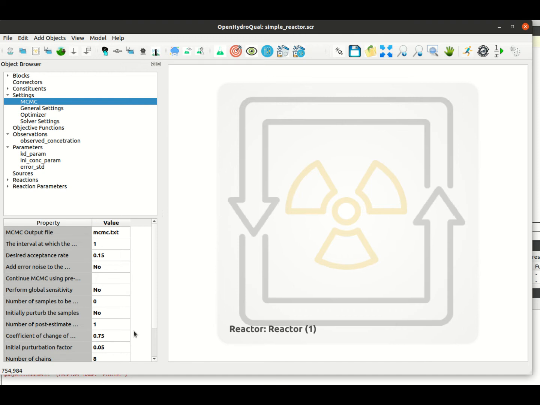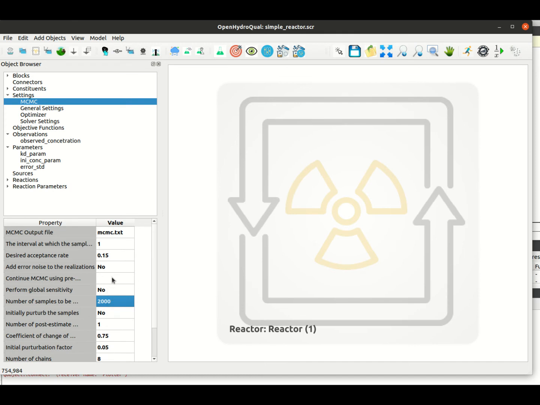But the initial parameters are always off. People who are familiar with the Markov Chain Monte Carlo know that we have to discard a number of samples at the beginning because they are not really reliable. So I'm going to change the number of samples to be discarded to, let's say, 2,000. So I'm going to discard the first 2,000 samples.